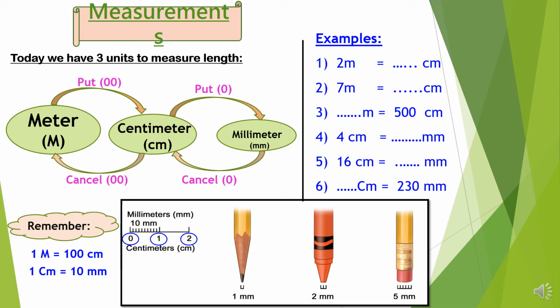So 2 meters equal 200 centimeters. 7 meters, 700 centimeters. If we want to convert in the opposite direction, we have 500 centimeter and we want to convert to meter. From the smallest unit to the greatest unit, we will cancel 2 zeros. So it will be 5 meter.